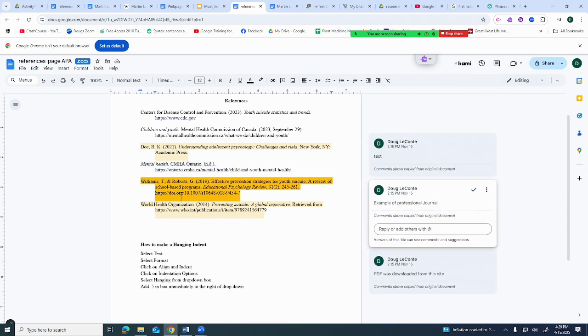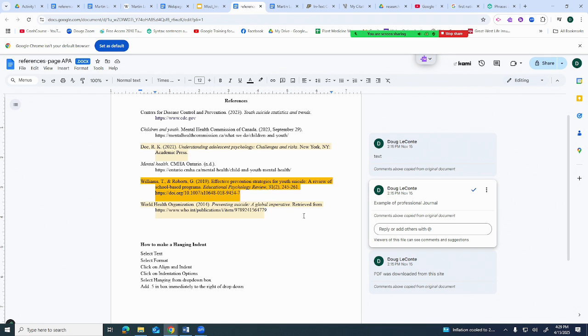This one here looks pretty complex, eh? And it is. And hopefully, when you do your research, you won't have to use one of these documents. These are professional journals. This one is the Educational Psychology Review.